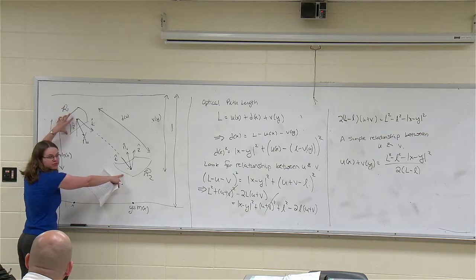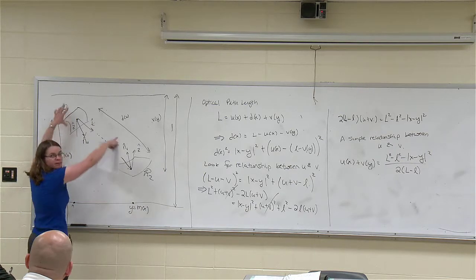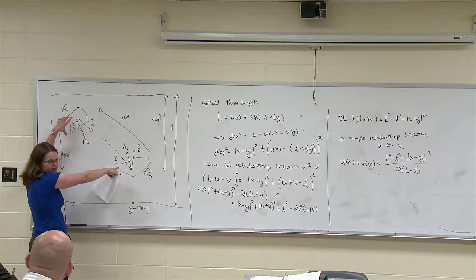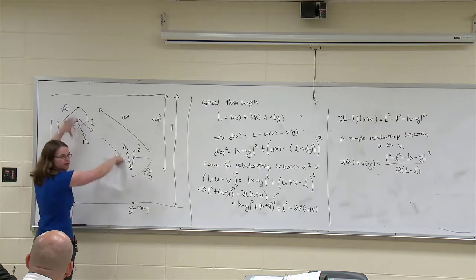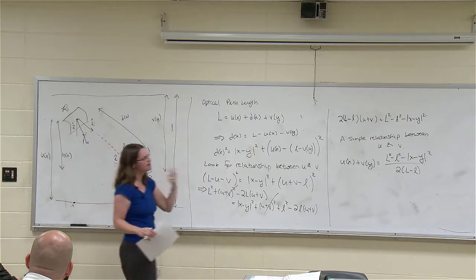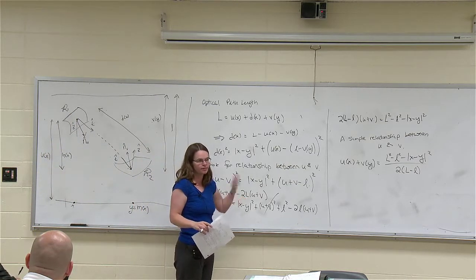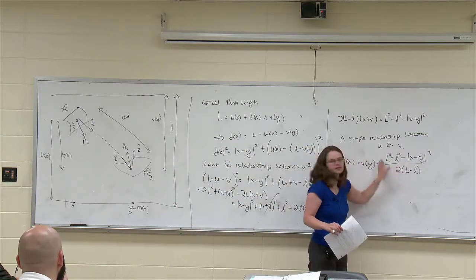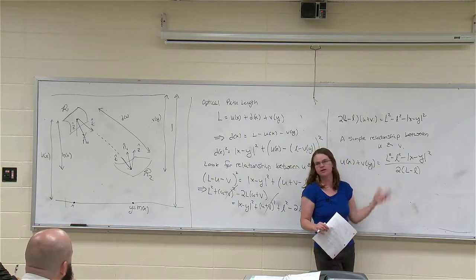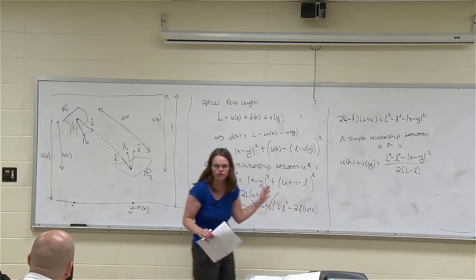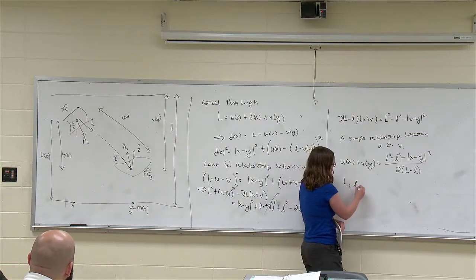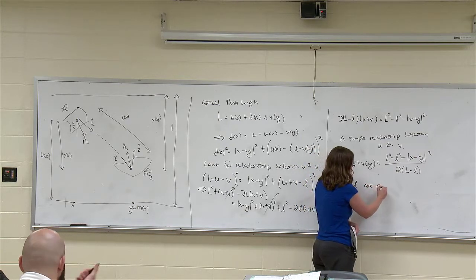I could pick this reflector system up and move it down, or move it up, and it doesn't change anything. It's the relative position of these two things that matters, not where I stick them in space. So really, capital L and little l are kind of arbitrary. I pick them to be something, and then I solve this problem. So I'm not worried about trying to solve for capital L and little l. They can appear in my final solution, and that's fine. I'm happy with that.